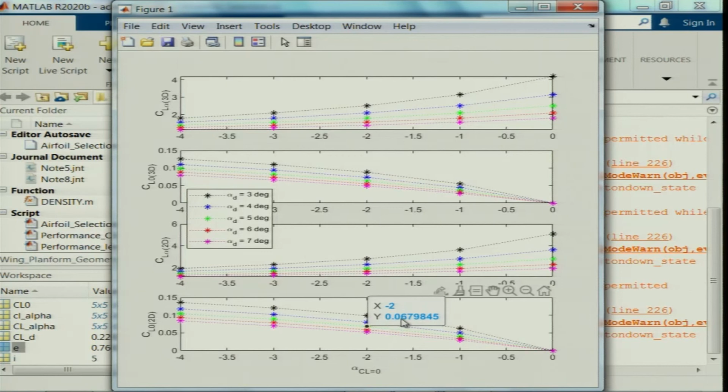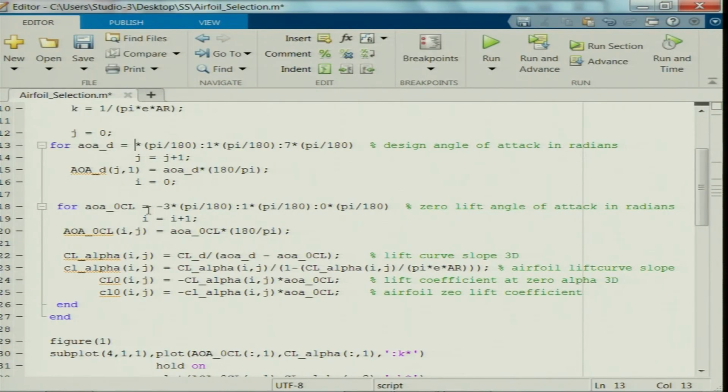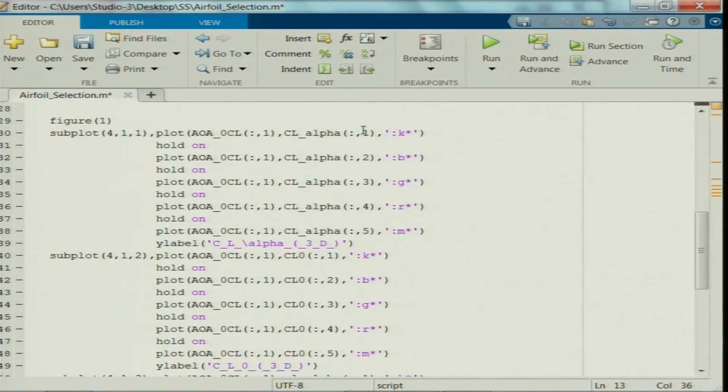So CL naught of the aerofoil should be 0.067 approximately for that particular case, and then CL alpha 2D is per radian. Let us say the design angle of attack is from 2 degrees to 5 degrees, so that means 1, 2, 3, 4, 5.